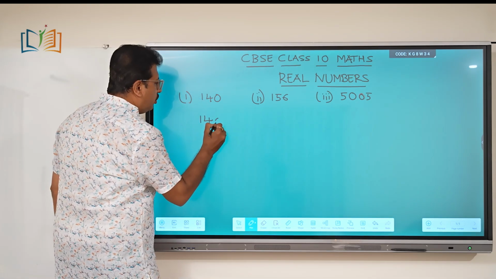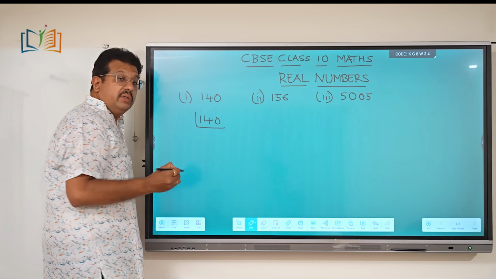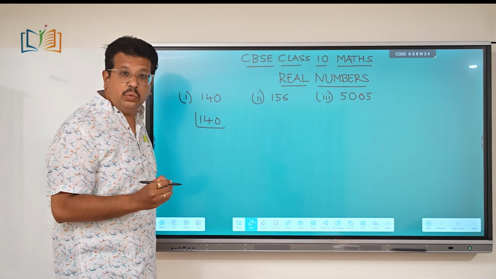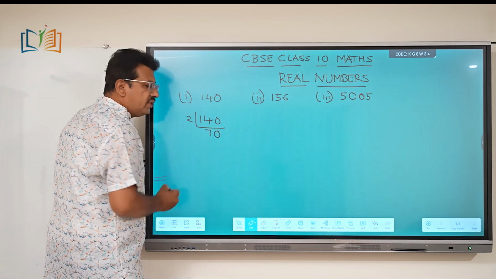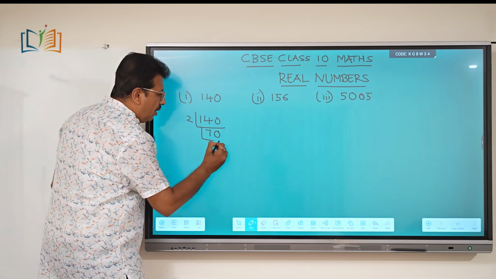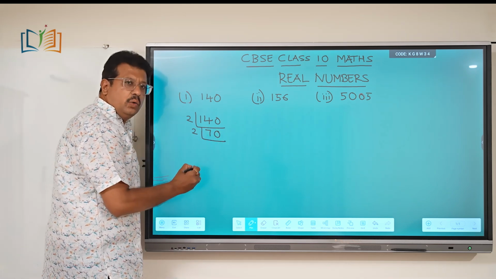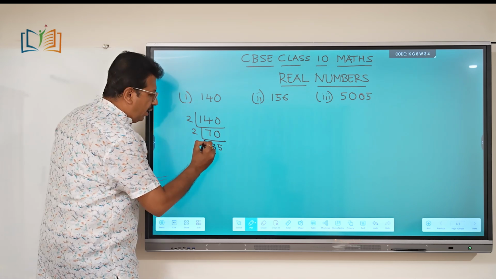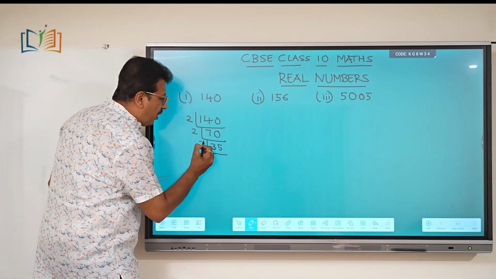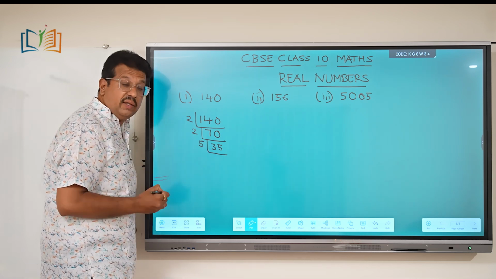Everybody should know that 140 is divisible by 2. 2 sevens are 14, so 140 gives 70 with the 2 table. Again 2 thirty-fives are 70, and then we move on to the 5 table because it's 35.